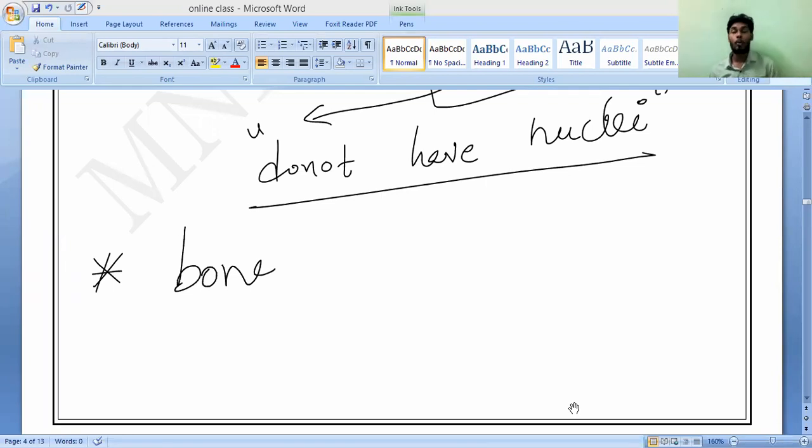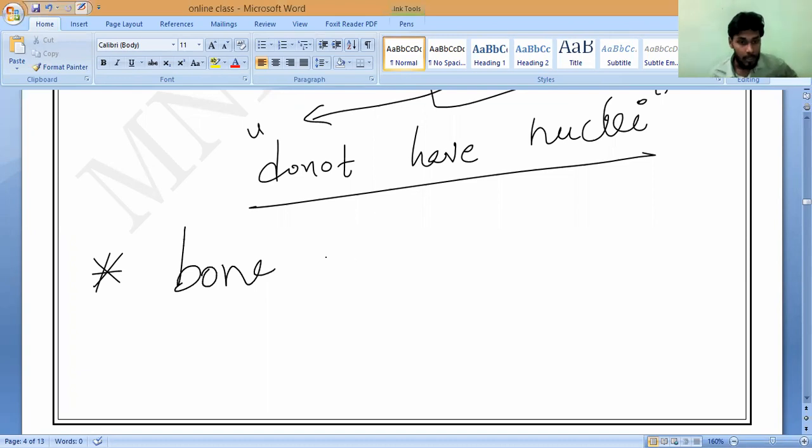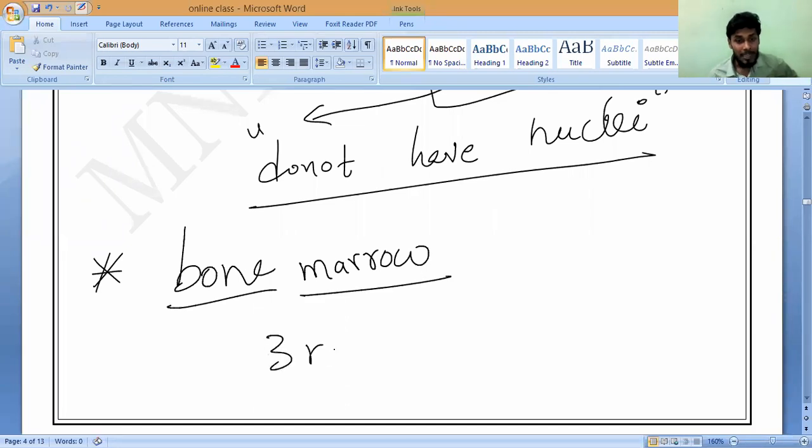It is a producer of RBC, about four times the number that die are made in bone marrow every day. 3 million red blood cells of the human blood die every day, and 4 times that number are made in the bone marrow every day. That is what you have to remember. Per day, how many will die? 3 million red blood cells.